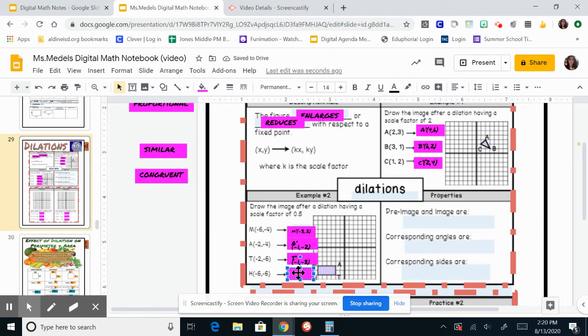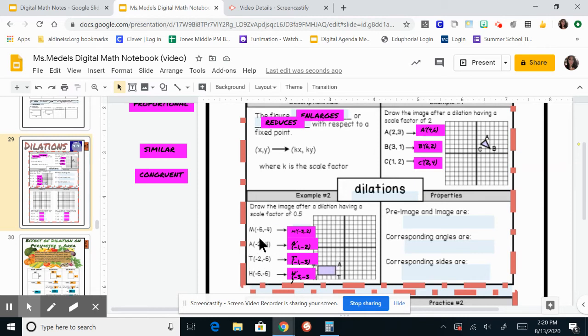And then finally, my H prime is going to be -6 times 0.5, which is -3, and -6 times 0.5 is also -3. So my new coordinate for H prime is (-3, -3). If I'm looking at my originals and then at my new, I should have noticed that my numbers got smaller. So this would be an example of a reduction.